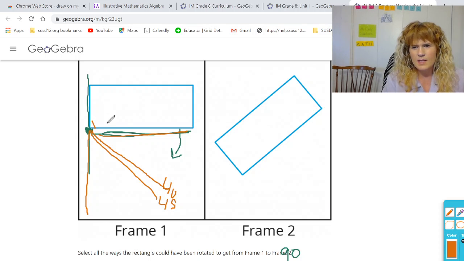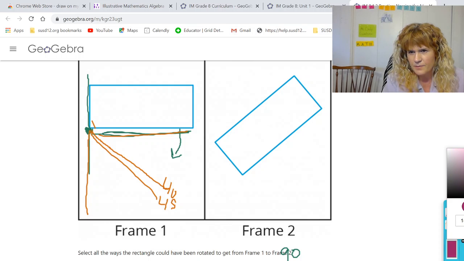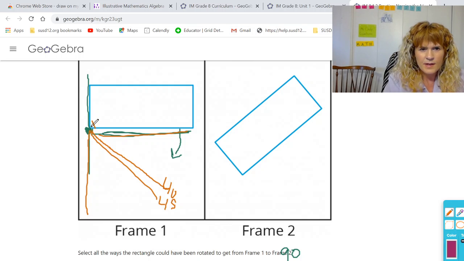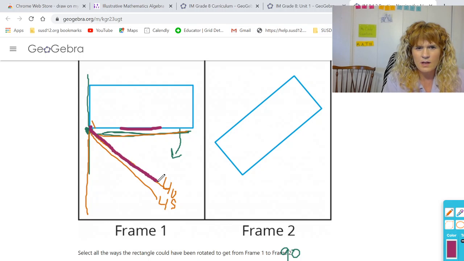If I take this bottom part here, and I draw it again at 40 degrees clockwise, it's going to be down here, like that.